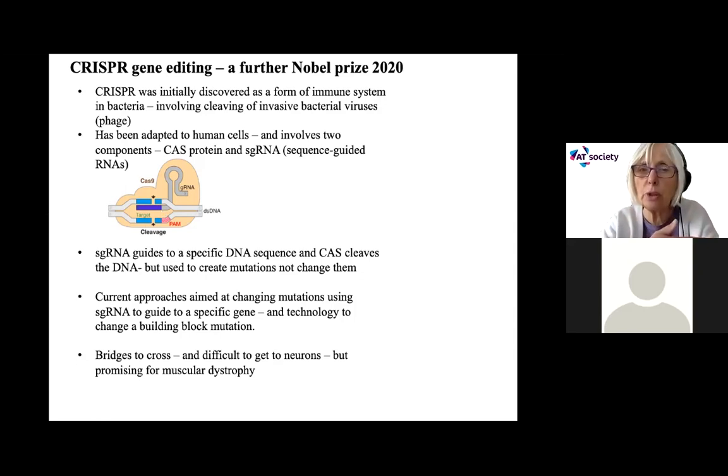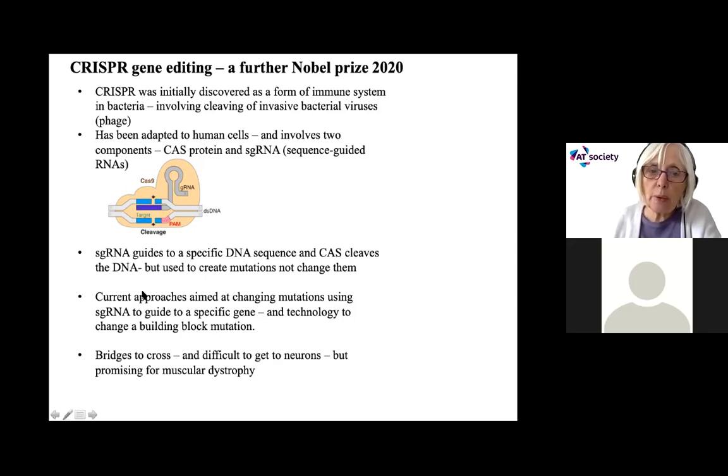That means you can make it go to any position in your DNA that you want, which is a huge step forward. The traditional technique has been to activate these double-strand breaks, but that's not very good, because if they're misrejoined, that creates a mutation. And that's been used to create mutations. But what we want to do for AT individuals is change your sequence here.